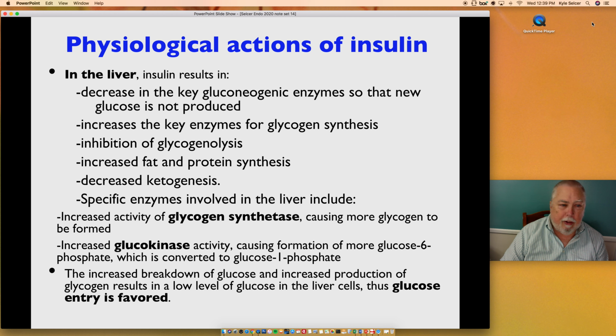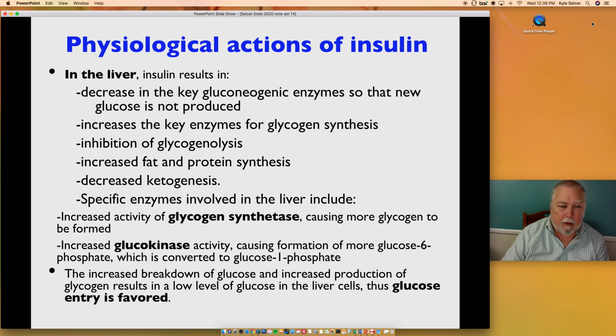In the adipose tissue, insulin results in increased fat storage, increased triglyceride uptake, and in the muscle tissue, it increases amino acid uptake and therefore protein synthesis. It decreases ketogenesis. The liver makes a lot of ketones, and it shuts that down.